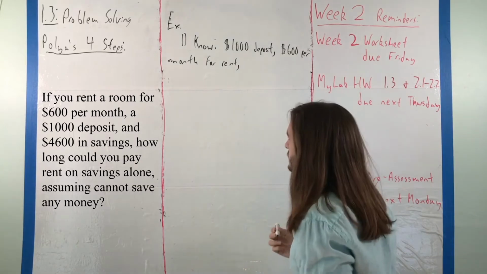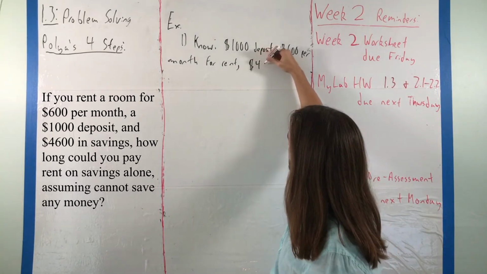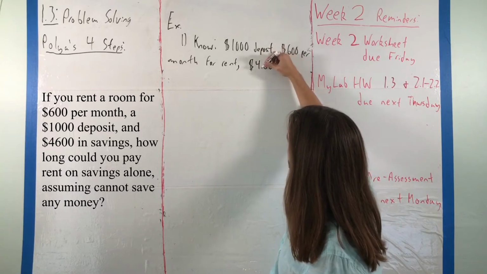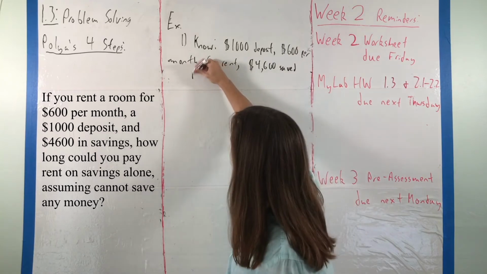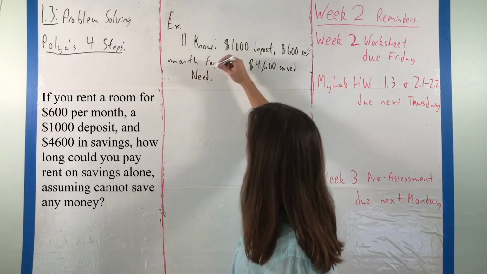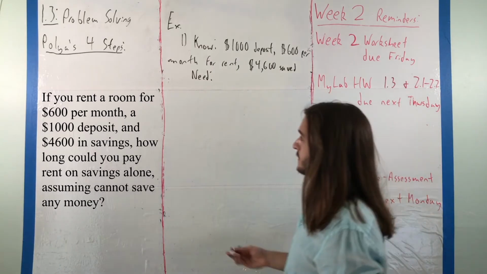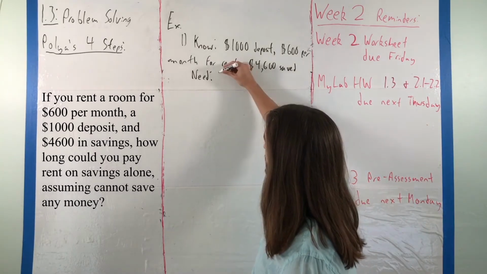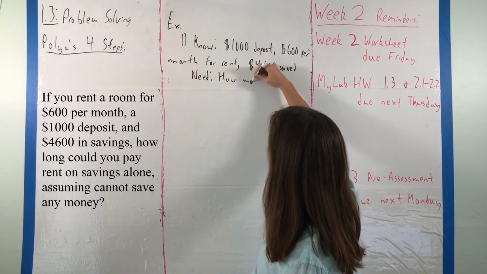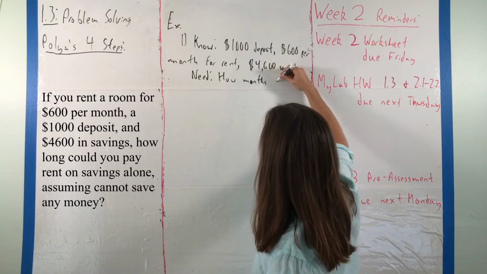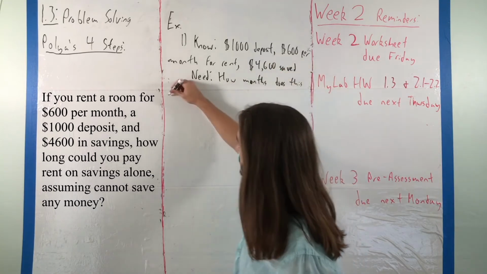And the last thing we have here is the amount of savings. And what we need is to know how long that savings will last us. So, how many months does this afford? How many months does this get?